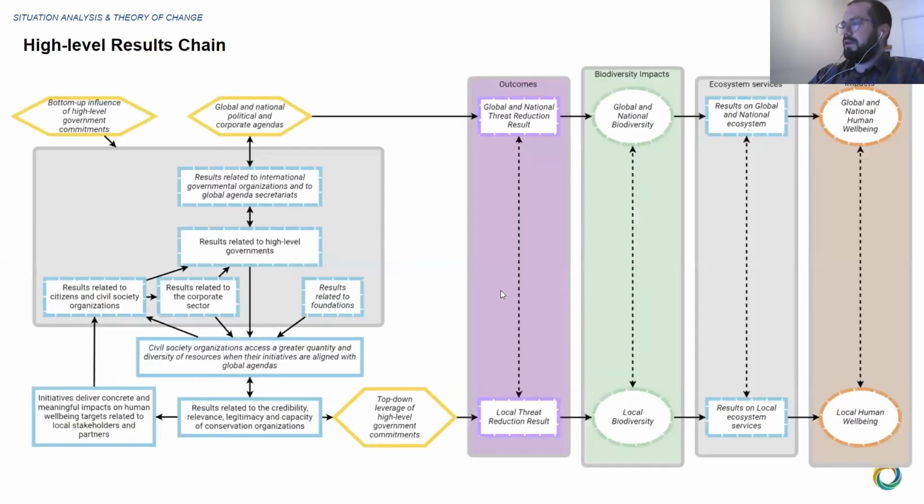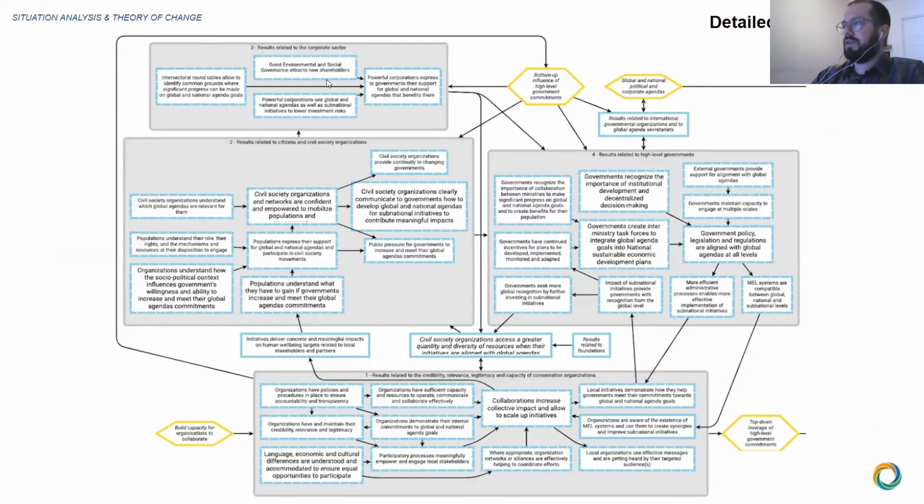Then we flipped those opportunities, the situation analysis, into results chains, where we transformed the opportunities and barriers into results that we felt were necessary for organizations to be successful. All of the results for each of the actors were broken down into many results.